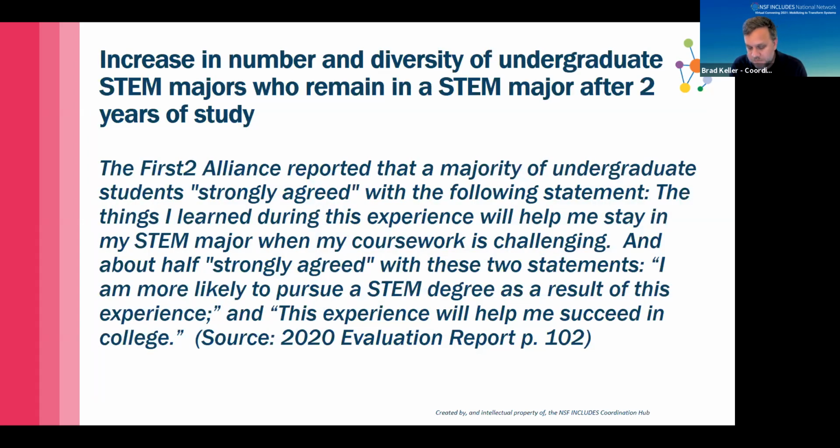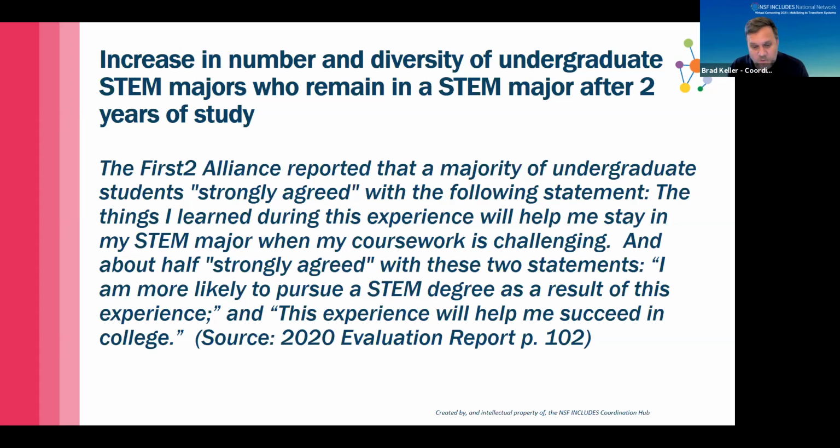Here's an example of one of the entries in the inventory of STEM BP outcomes. You can see the indicator is at the top, the increase in number and diversity of undergraduate STEM majors who remain in a STEM major after 2 years of study. And then the example we have is from the first two alliance reports that a majority of undergraduate students, and then we talk about the results that they had.